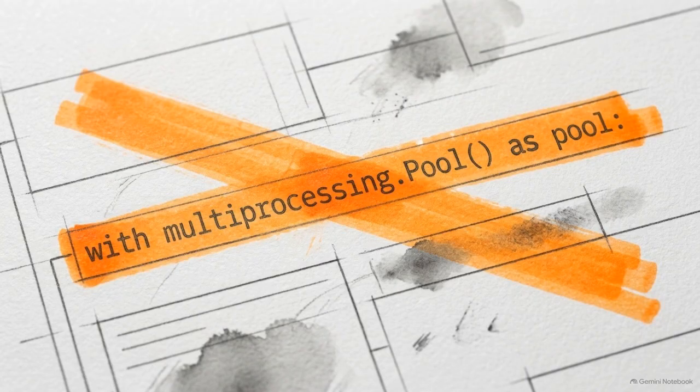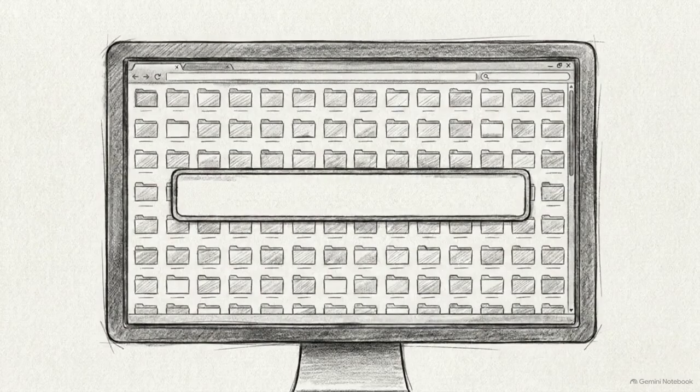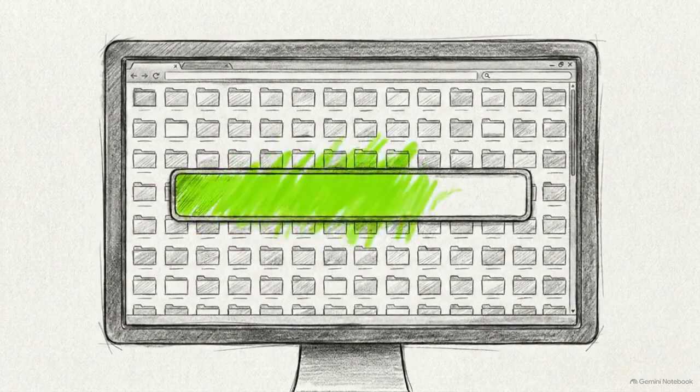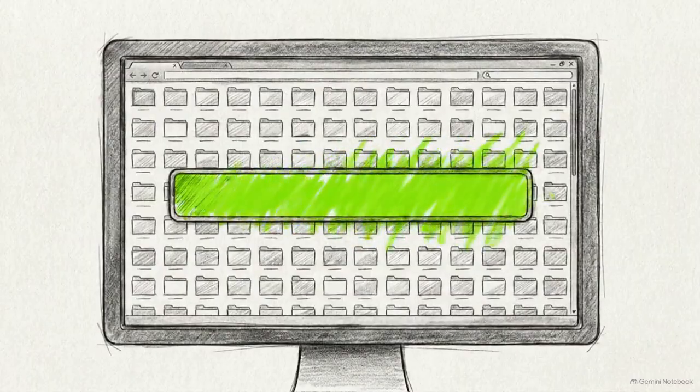To manage these separate environments, engineers use the multiprocessing.Pool module, which acts as a load balancer to coordinate the isolated processes. Consider a scenario where you need to apply computationally intensive transformations to a dataset of several thousand high-resolution images. By utilizing a function like pool.map, the library automatically chunks your list of images and distributes the heavy lifting across all available worker processes.